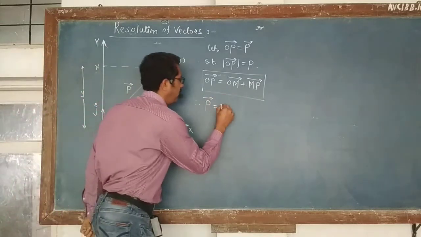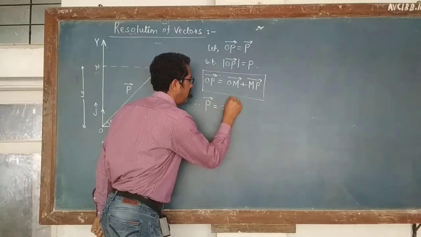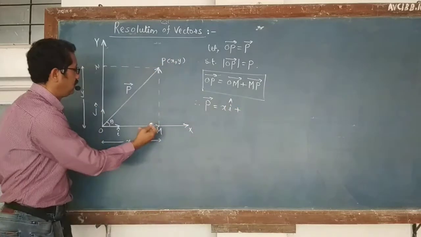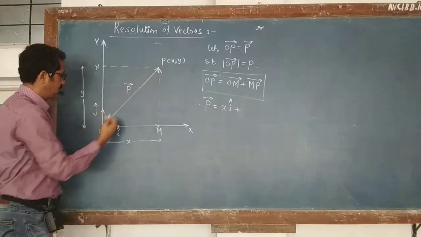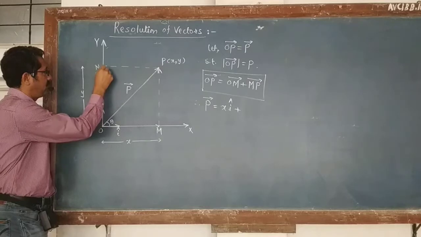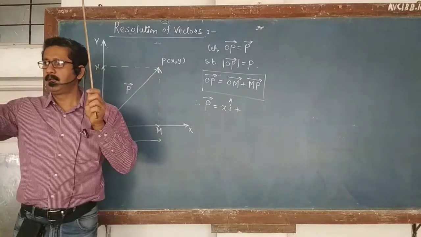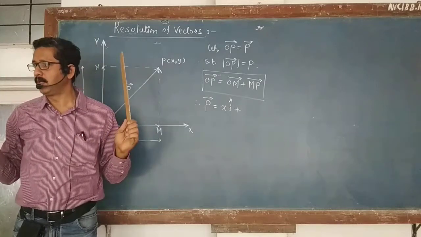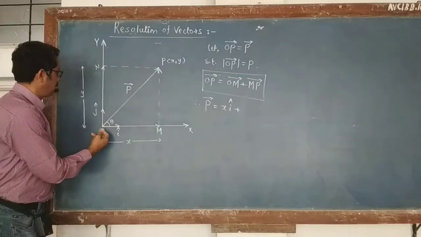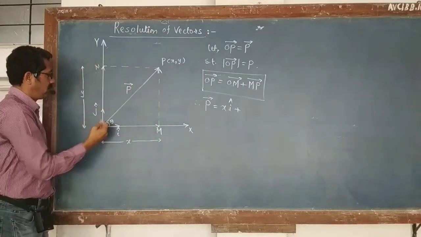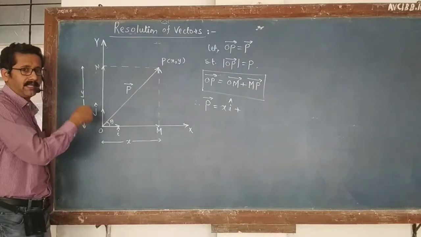So vector OM is going to be equal to x i cap, and this vector MP is going to be exactly the same as vector ON, because two parallel vectors which are equal in magnitude are equal. Then vector ON is equal to j times y, or y times j.